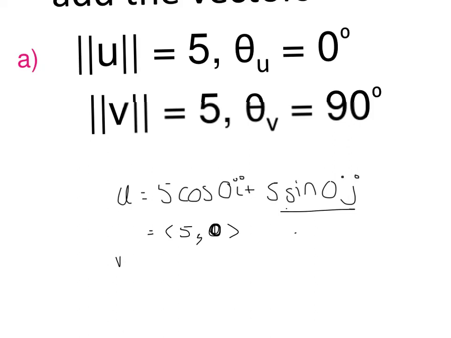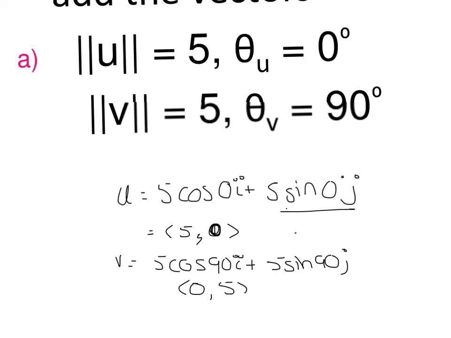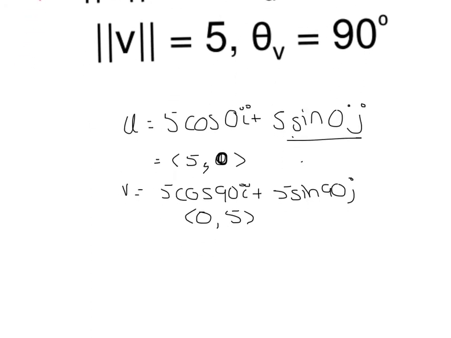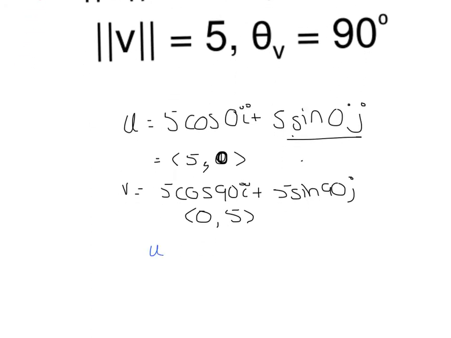Now we're going to do the same thing for v. 5 cosine 90 degrees i plus 5 sine 90 degrees j. Cosine at 90 degrees is 0, so in component form, 0. And sine at 90 degrees is 1, so that's 5. So when I do u plus v, I get 5, comma, 5.